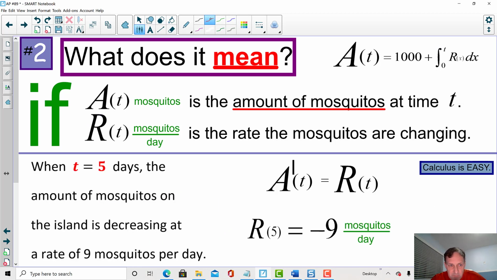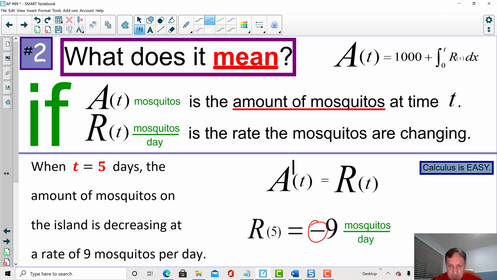Well, the first thing we want to do is talk about time. That's how I prefer to do it. So this is at an exact moment in time. So this is when t is equal to 5 days. So that's how I'm going to start it off. When t is equal to 5 days, I'm saying that the amount of mosquitoes on the island is decreasing. Remember, if your derivative is negative, then your original function, which was the amount of mosquitoes, would be decreasing.